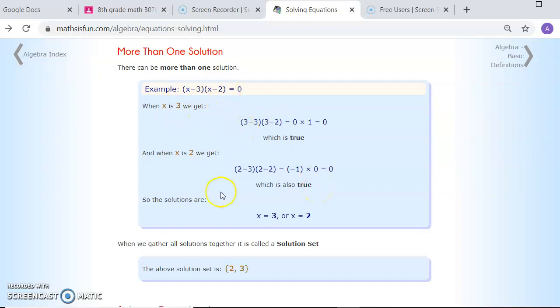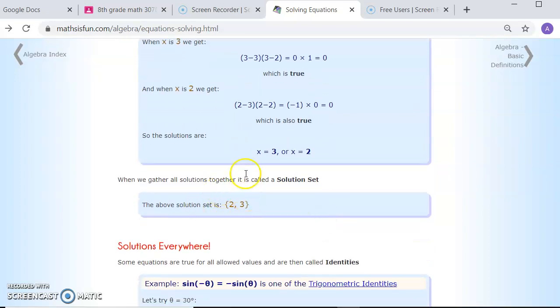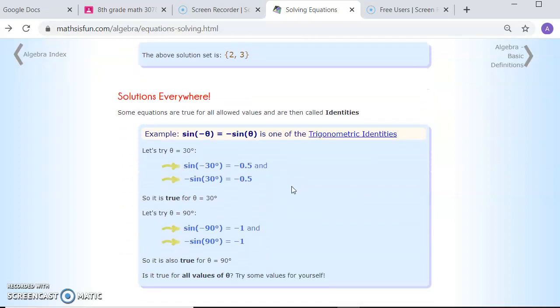So the solution to this problem could be either x equals 3 or x equals 2. You could put these solutions together and get something called a solution set. You always put the smallest number first, so it will be 2 and 3. Okay, and so there are many different problems that you can have.